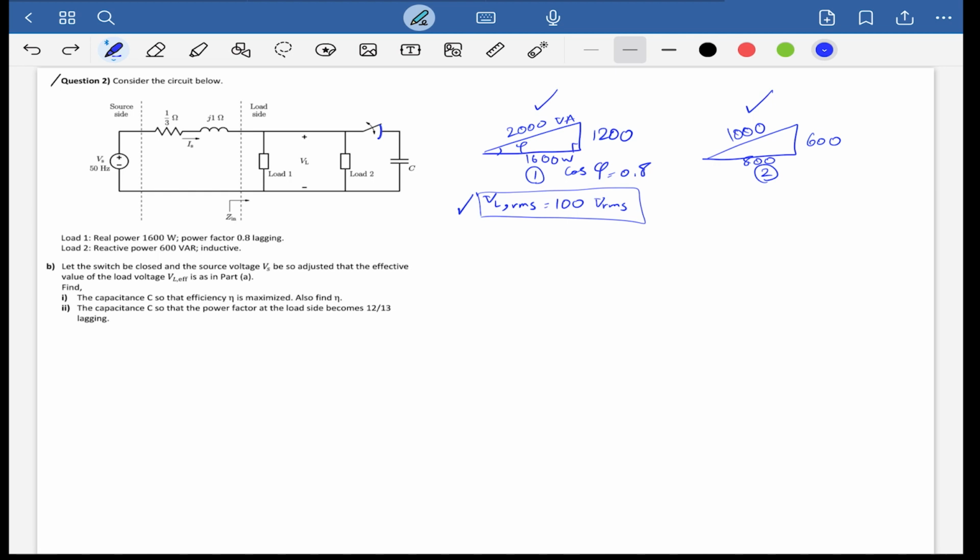This is the inductive load, so we have a Q. In order to maximize the efficiency, we need all the power to be real power. So we should not have the component power of the reactance. So we need to have zero reactance power.